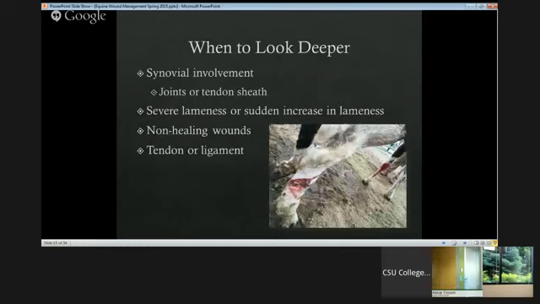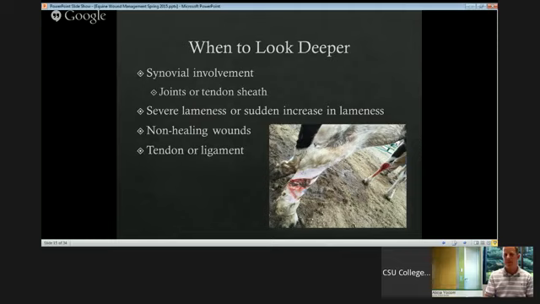There are many diagnostics that we can reach for when things are maybe a little more complicated. And so some of the things that we use as our guideline on when to look a little deeper at the horse is if the synovial structures are involved, like Dr. Yoakum talked about, the joints or tendon sheath. If the horse has a wound and is also severely lame or develops an increase in lameness over the course of healing.